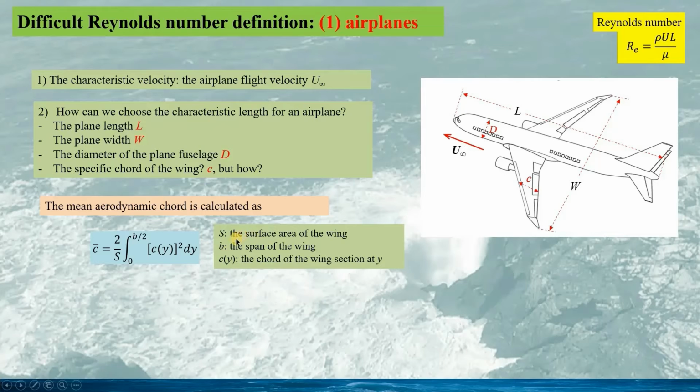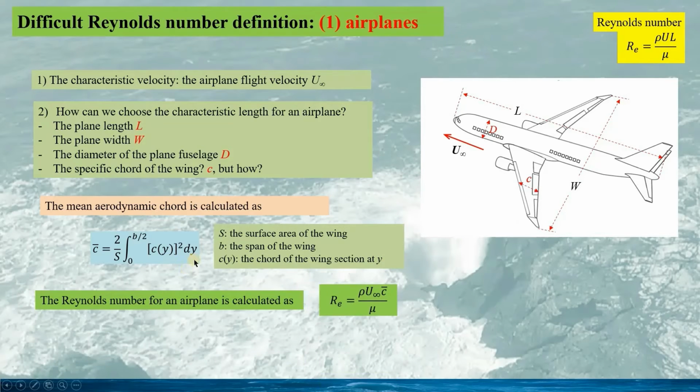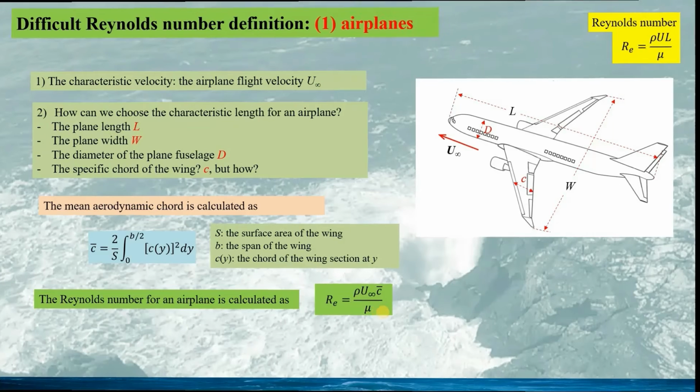Here, S is the surface area of the wing, and b is the span of the wing, and c(y) is the chord of the wing section at y in the span of the wing. Using this characteristic length, we can define the Reynolds number for an airplane, given by this.